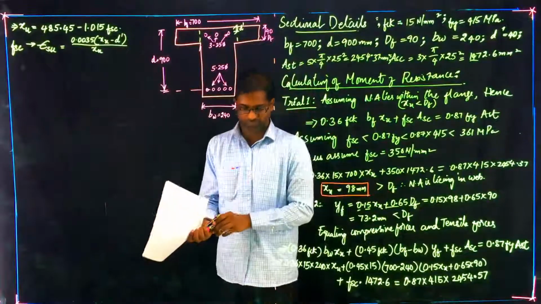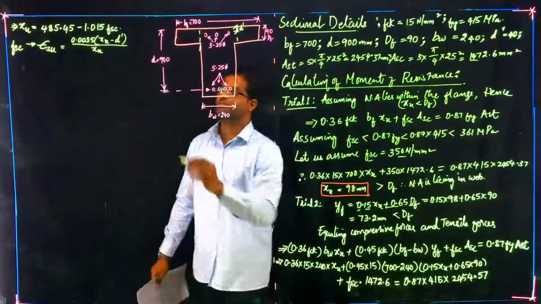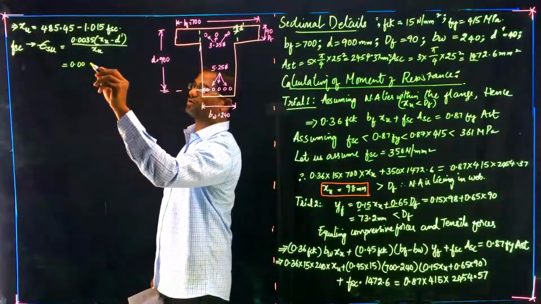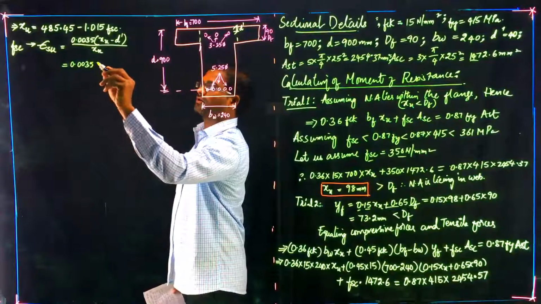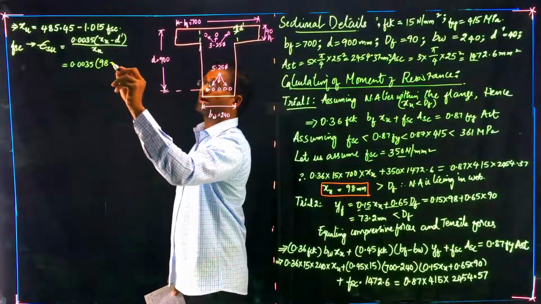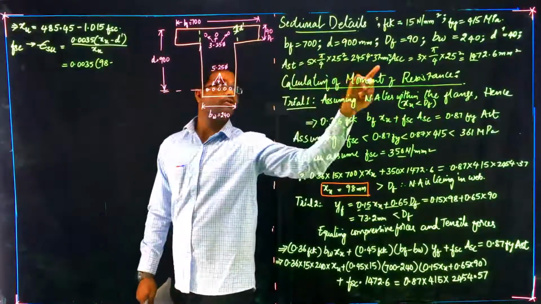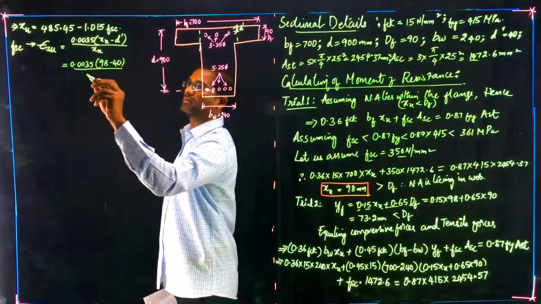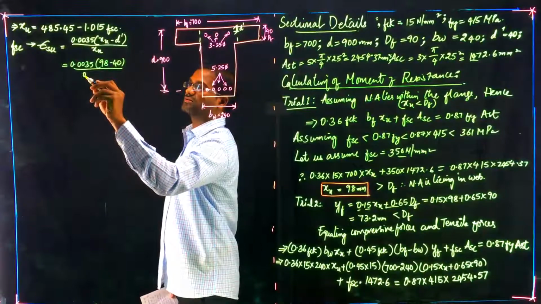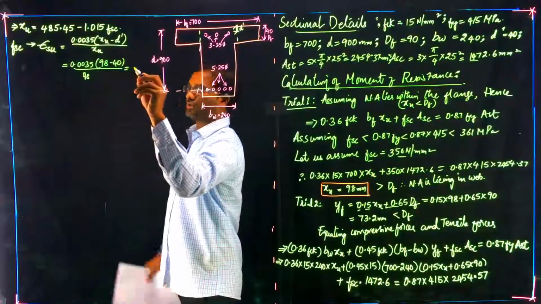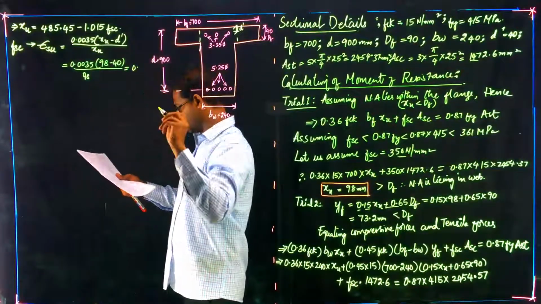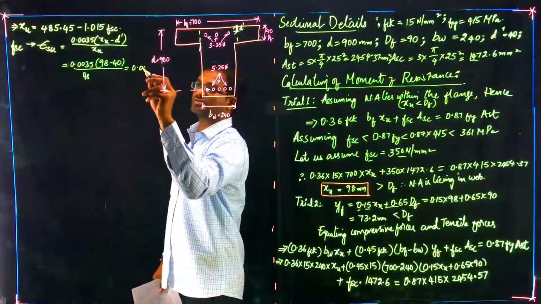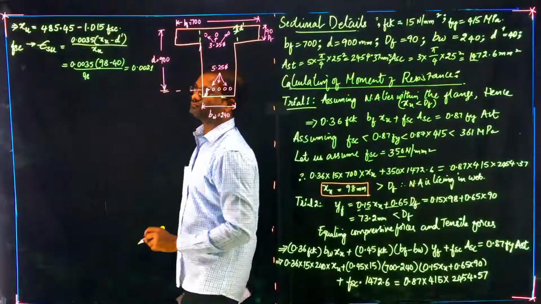98, right? So we will substitute 98 here. 0.0035 into (98 minus D dash, which is 40) divided by XU, which is 98. Now you will get this value as 0.0021.